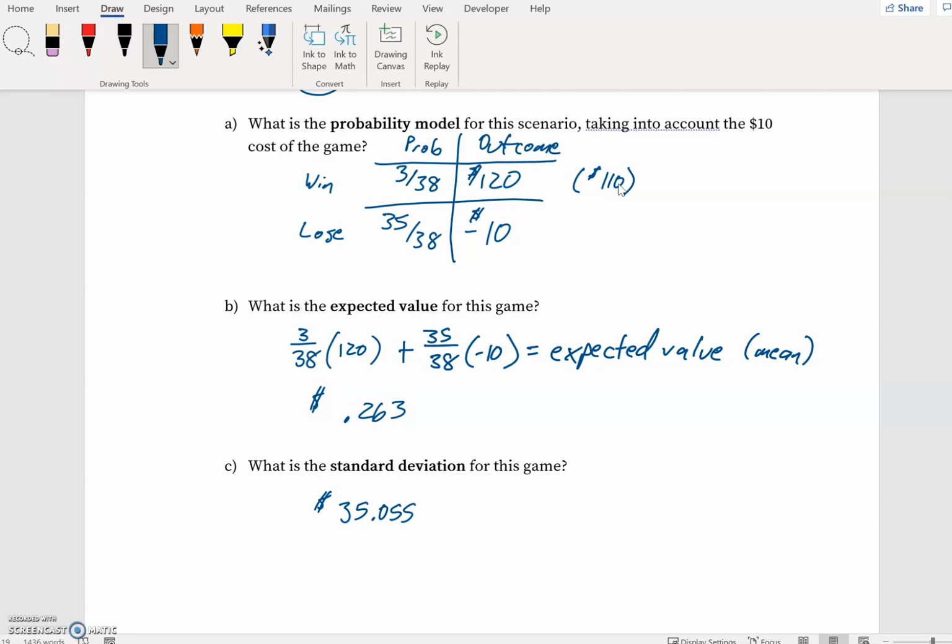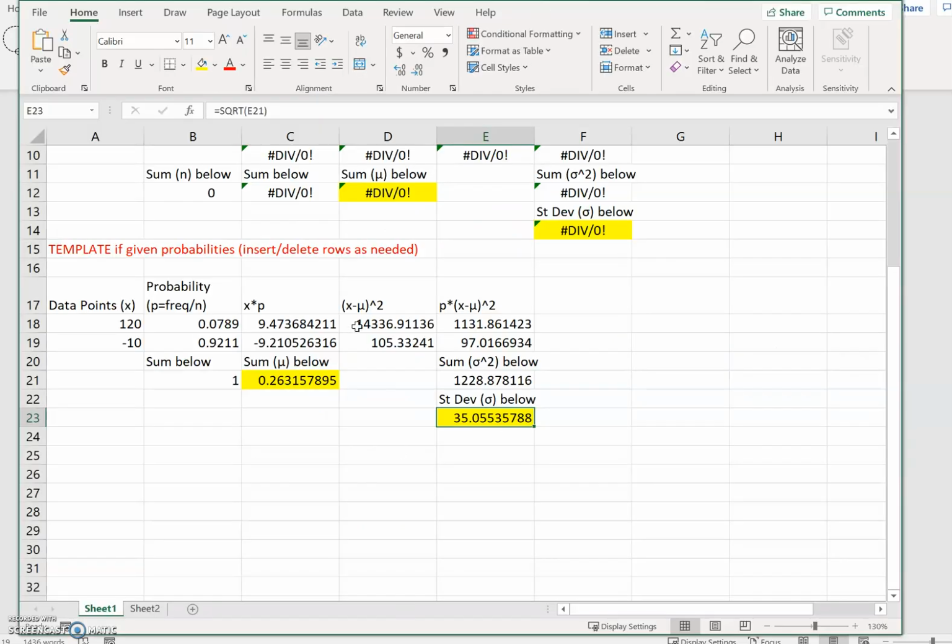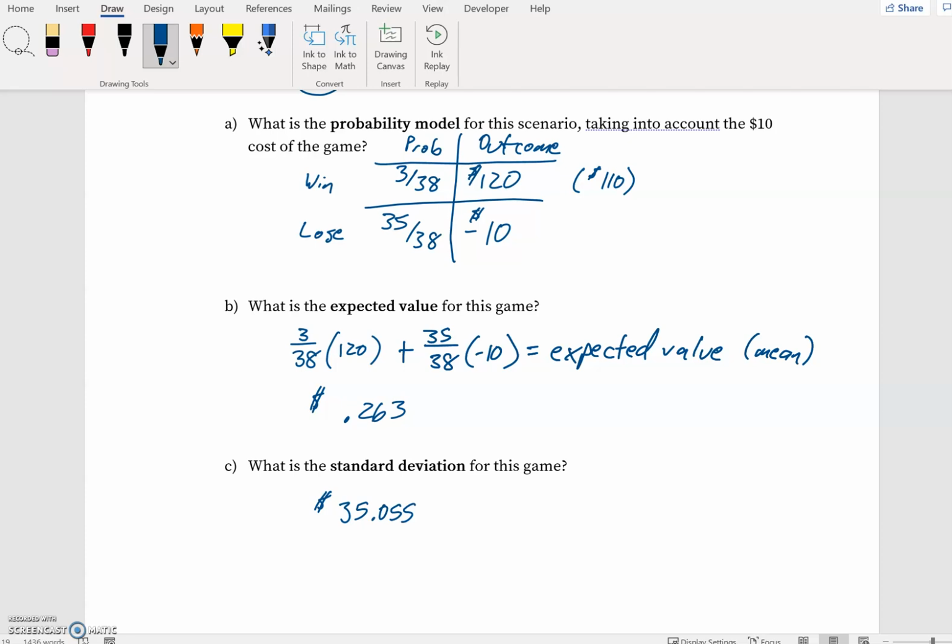If we do change that to 110, let's just double check those values just to be sure. Right, this is probably a more realistic scenario. This is a problem I took from the book, so maybe the wording could have been more clear. So the expectation is negative again, like we would expect. So I'm just going to put that in parentheses where we say, okay, really though, probably I'm expecting to lose about 53 cents for each row bet that I do.